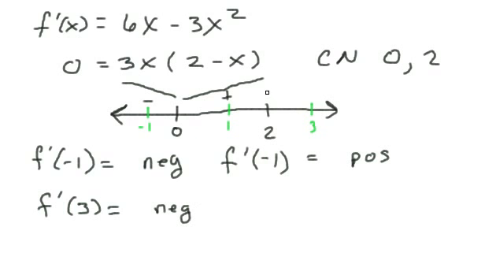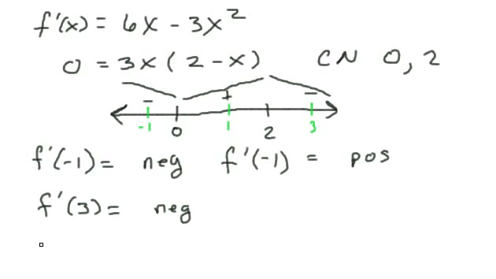So we're going to say negative here, and that means that the graph is decreasing. So decreasing, increasing, decreasing, it looks like we're going to have a minimum around here at x equals 0, and then we're going to have a relative max at x equals 2, as you can see here.